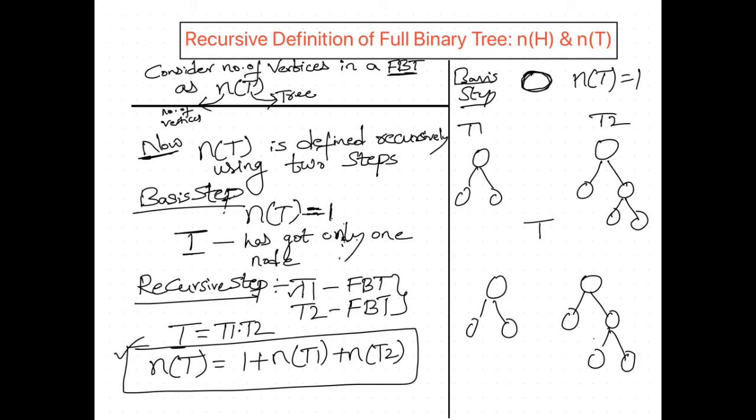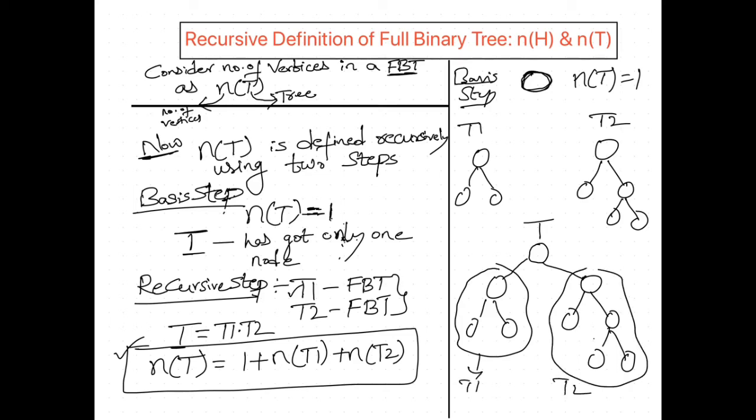Now I am taking a root node to combine these two. n of T1 gives the number of vertices here.